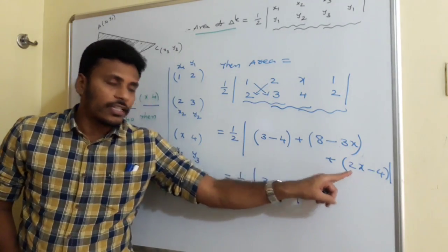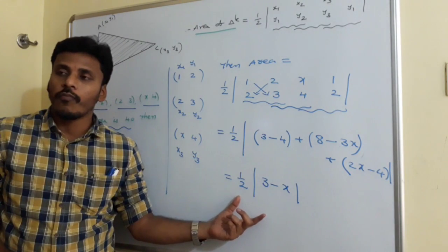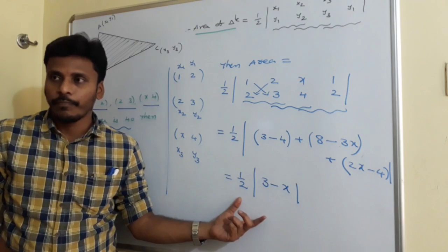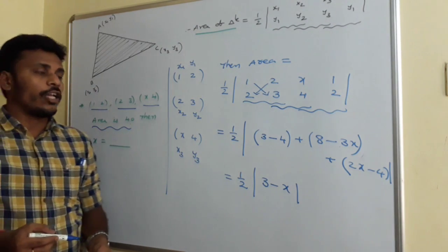So it is 3 minus 3x plus 2x, which is minus x. So the area is half mod of 3 minus x. But the area is given as 40, and you need to get the value of x.